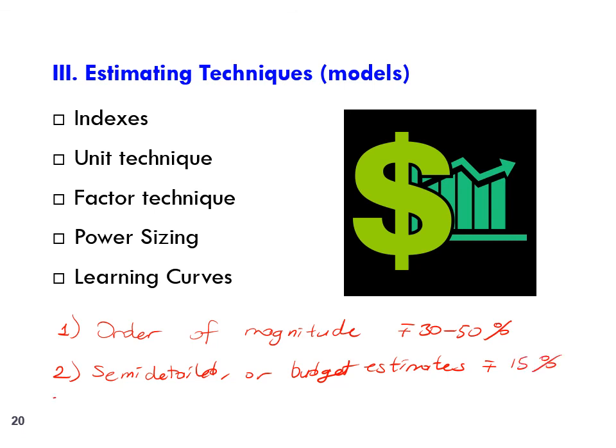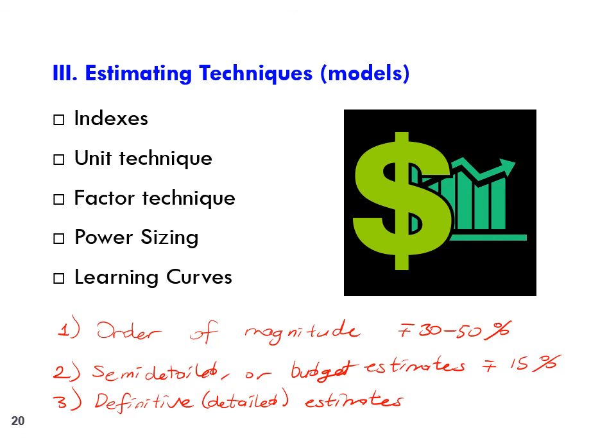And the third one is a more detailed approach. So it is the definitive, third category of estimation methods with respect to their detail and accuracy. Sometimes it's called detailed estimates.